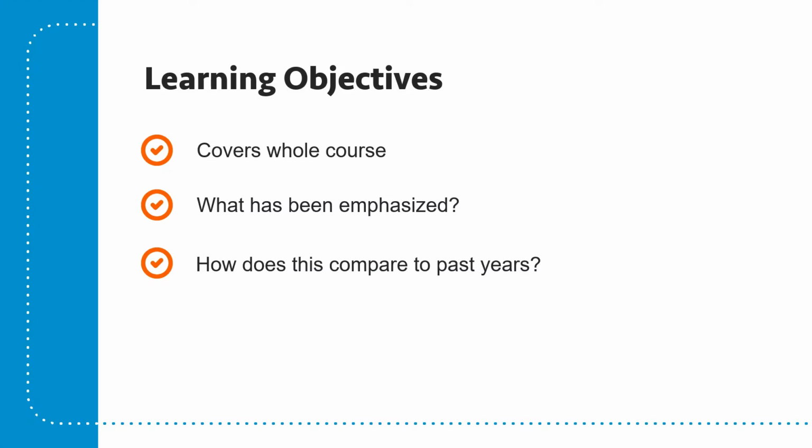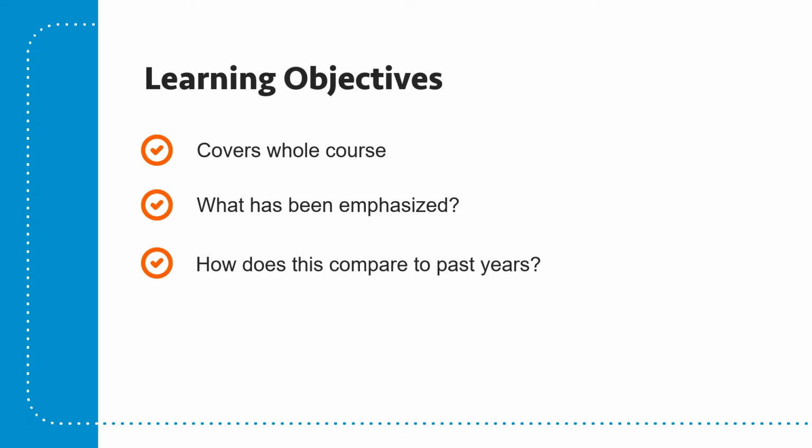Final exams cover the whole course, and it's not hard to see what we emphasize. You just need to look at a few old exams, and if you do that, you'll look at 2020, 2021, 2022 in this case, and you'll see what we've covered. One thing to note is that there's not much change.